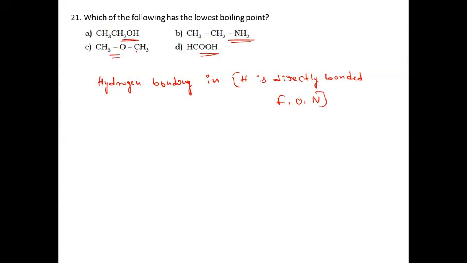But in option C we have ether. In the ether functional group, the oxygen is not directly attached to hydrogen, so we cannot expect hydrogen bonding. If hydrogen bonding is present in an organic compound, its boiling point will be high. In ether, we cannot expect hydrogen bonding, hence its boiling point is lowest among the given options. So for question number 21, it's option C.